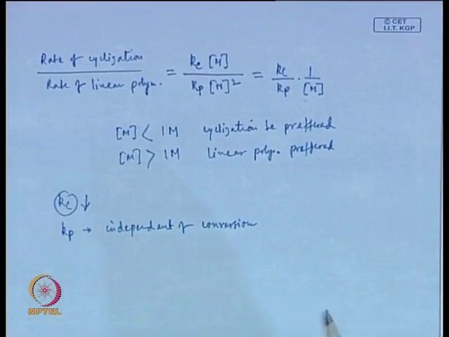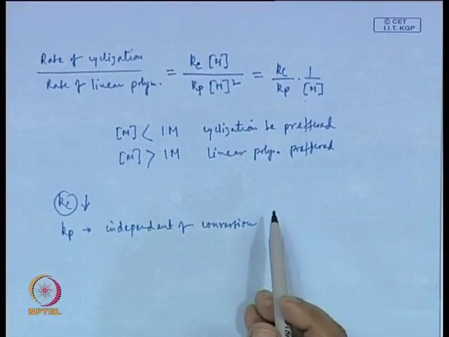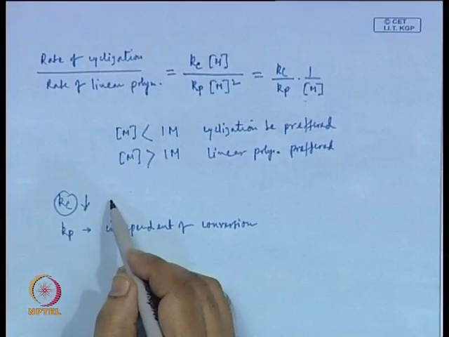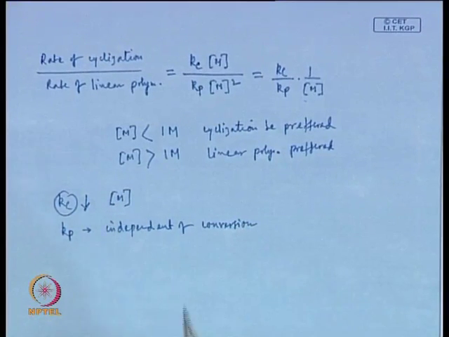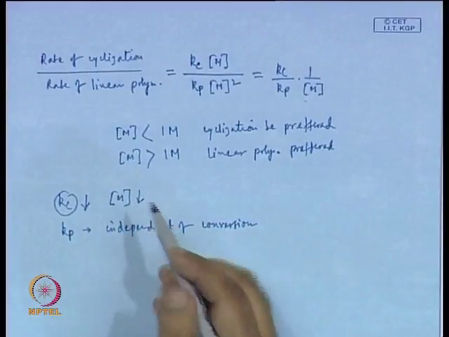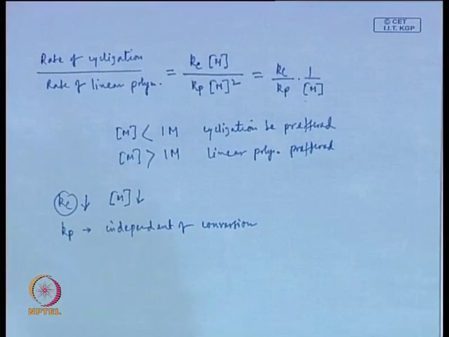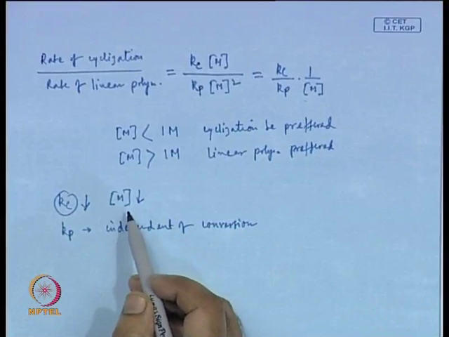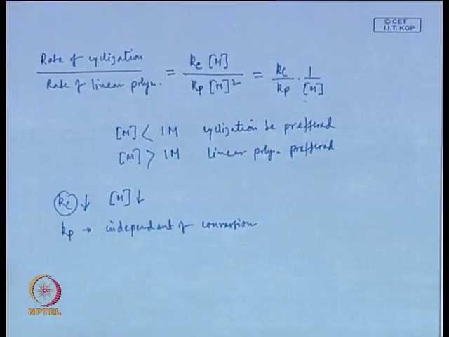Now, you can also argue that as the reaction progresses, the monomer concentration, in this case the species which is forming the cyclic, also comes down, because as time goes, more and more molecules react. So, the concentration of the species undergoing intramolecular reactions to form cyclics also comes down.